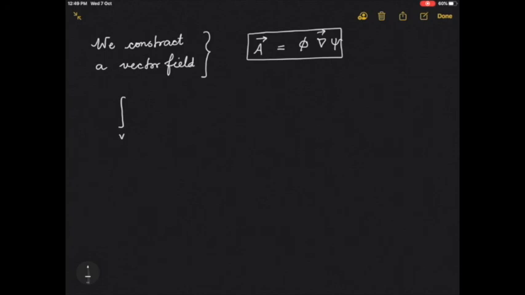So I get a volume integral. Remember that the left hand side was divergence of A, and A is now phi gradient of psi, d cube x prime is my volume integral.